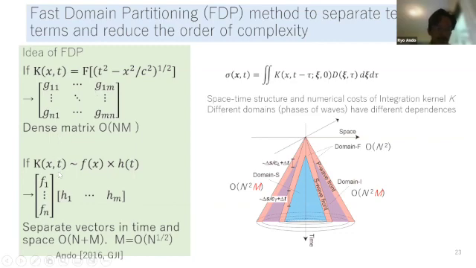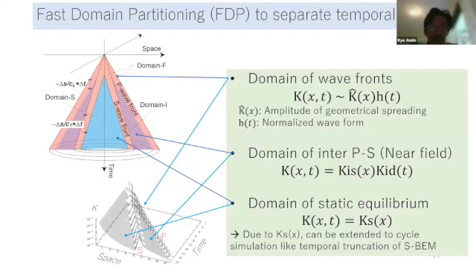But if we can separate the X and T dependencies in this way, the final kernel can be explained by the product of a space-dependent vector and a time-dependent vector like this. We utilize this kind of independence and approximation. So this illustrates how to separate the time and space terms.